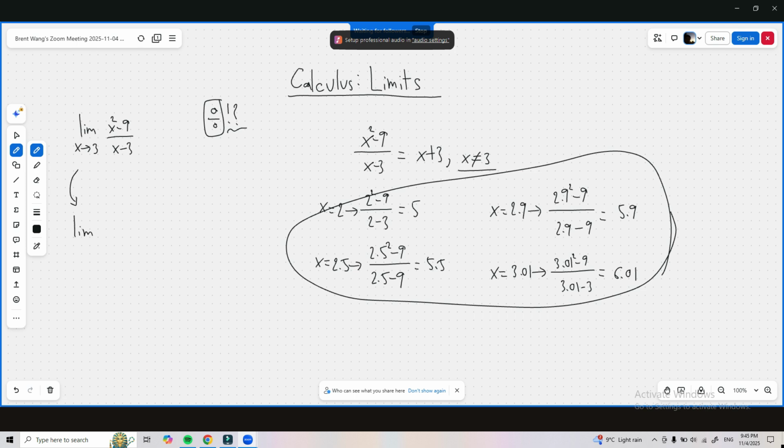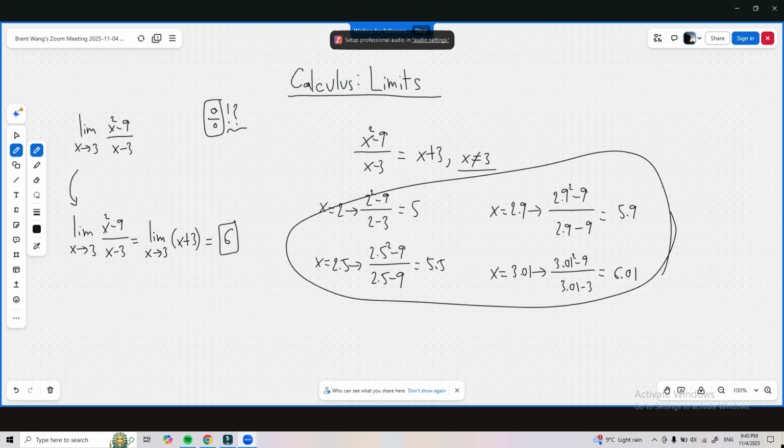Lim x approaches 3, x squared minus 9 over x minus 3 is equal to lim x approaches 3, where x squared minus 9 is equal to x minus 3 times x plus 3. So this is just equal to x plus 3. Now we can use direct substitution, and this is equal to 6.